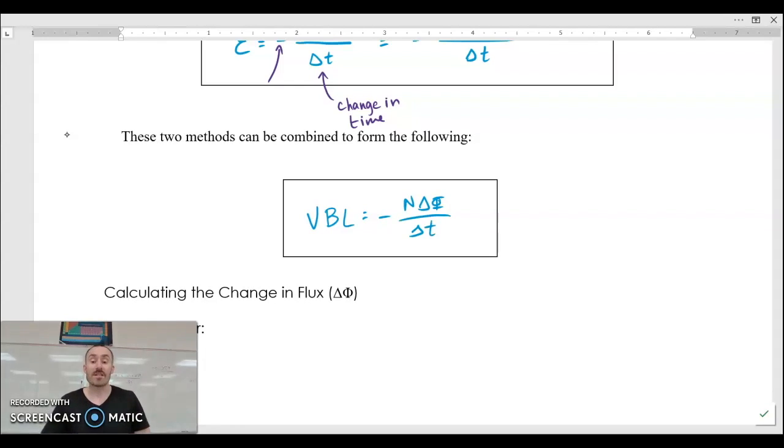Okay, so this is the straight wire moving through a field scenario, and this is the Faraday's law scenario, the loop somehow moving in a magnetic field, or the magnetic field changing strength inside a loop. You don't need to worry about this. It will never come up in our course.